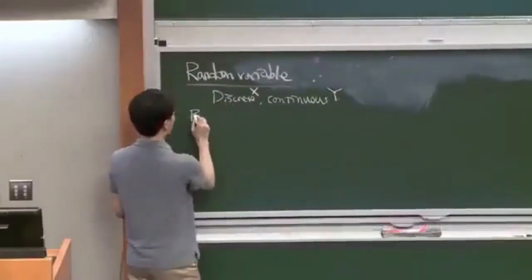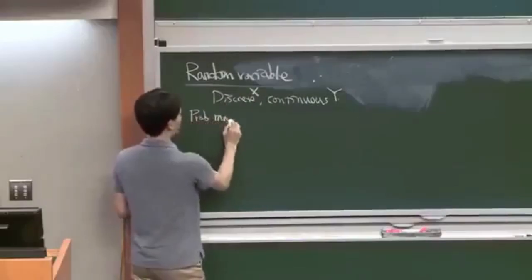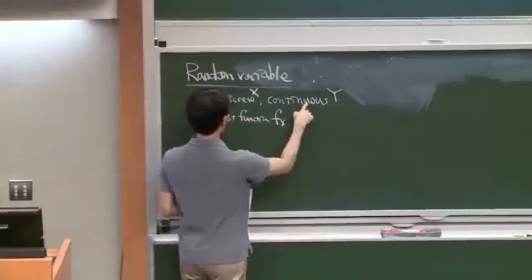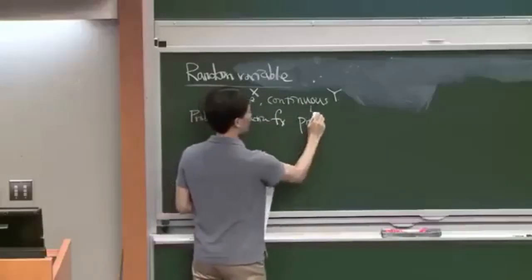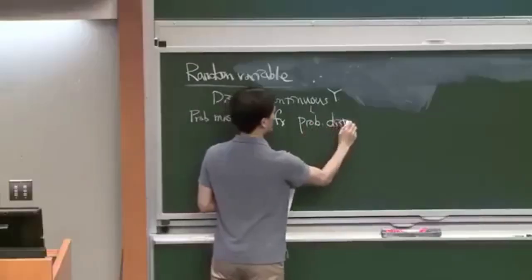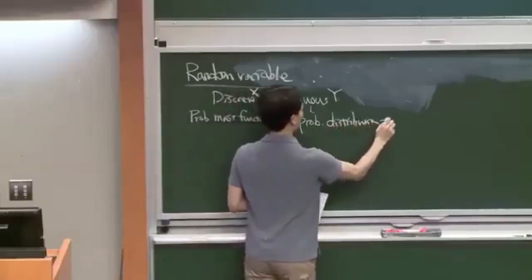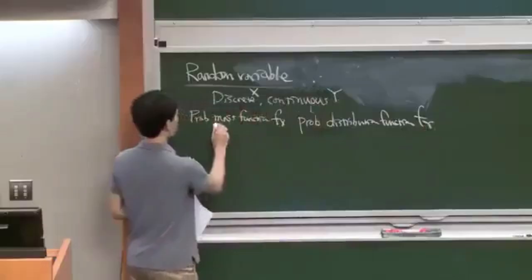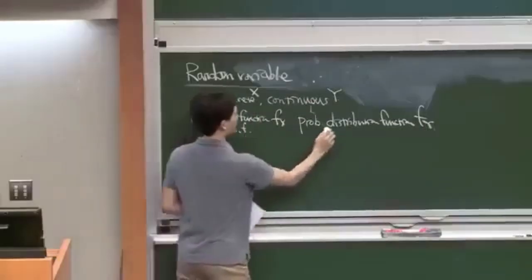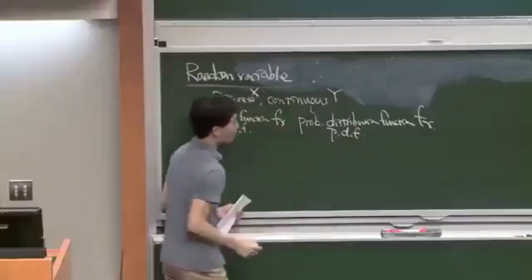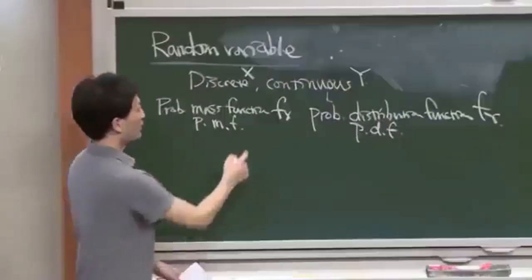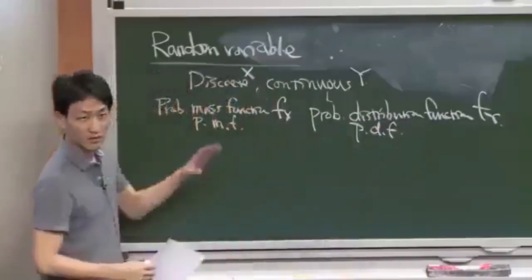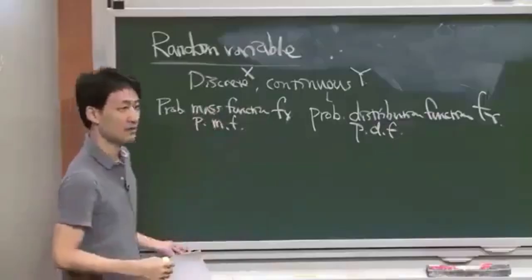Discrete random variable is given by its probability mass function, f sub x, I will denote. And continuous is given by probability density function, I will denote by f sub y. So PMF and PDF. Here I just use a subscript because I want to distinguish f sub x and f sub y, but when it's clear which random variable we're talking about, I'll just say f.